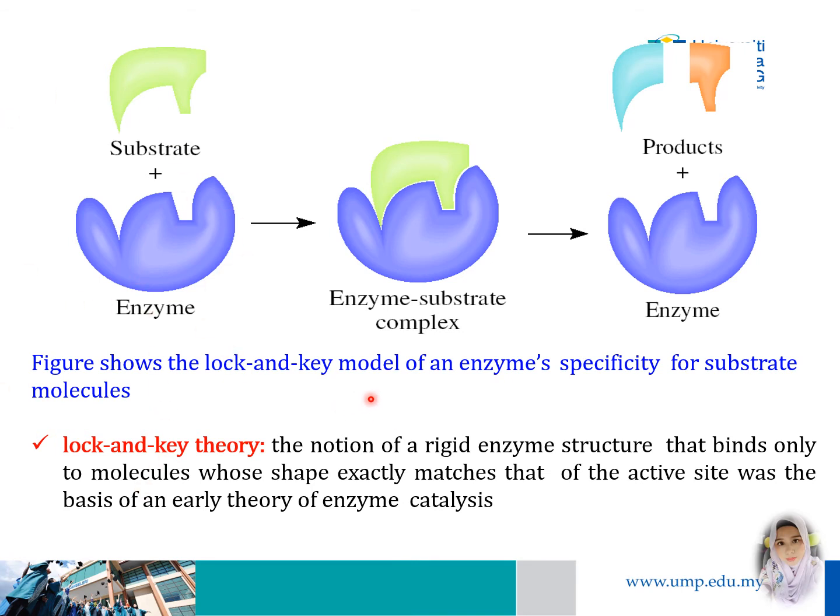The lock and key model is based on enzyme specificity, that is, the enzyme's ability to bind only the correct substrate, which comes from having a shape that is nearly perfect for one particular type of molecule. In that sense, the substrate fitting into the enzyme is like a key fitting into a lock.